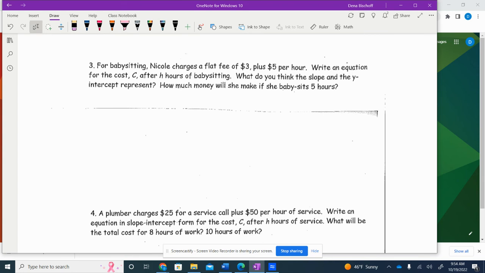Number 3, babysitting. Nicole charges a flat fee. There's my B. Plus $5 per hour. There's my M. So y equals mx plus b. So you know how to transfer that. So you know what your m is and what your b is.